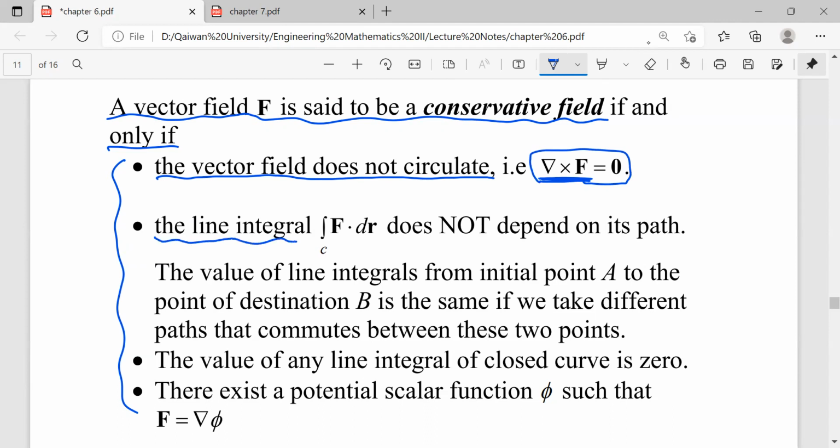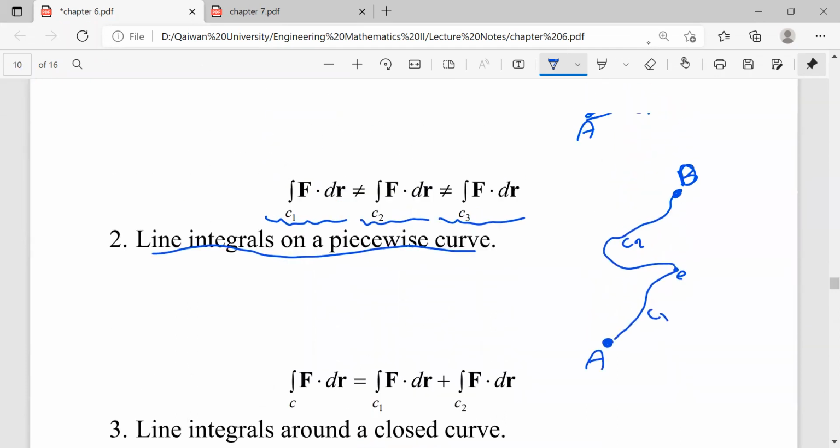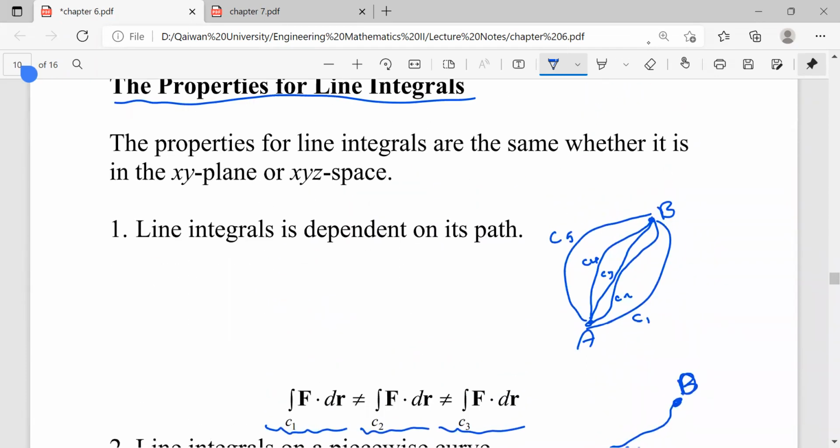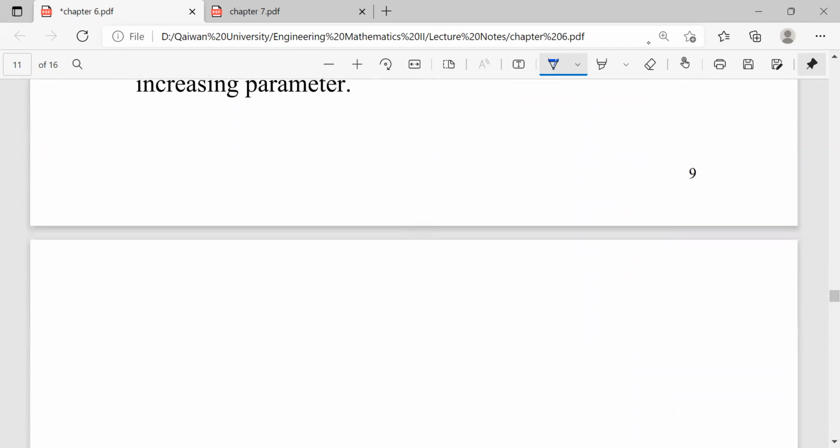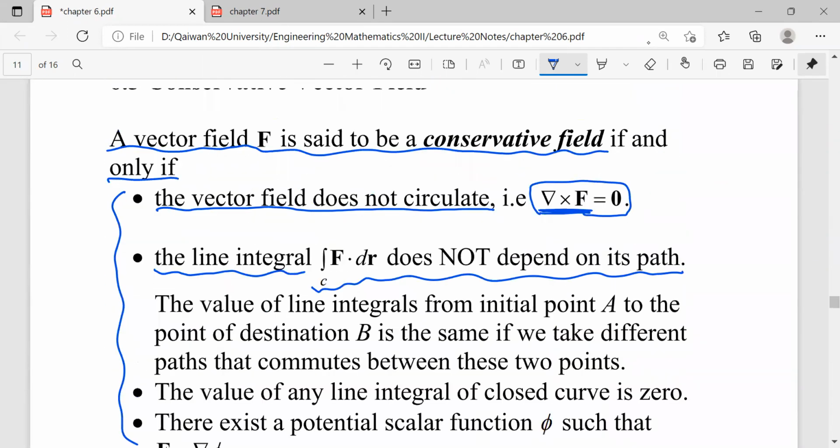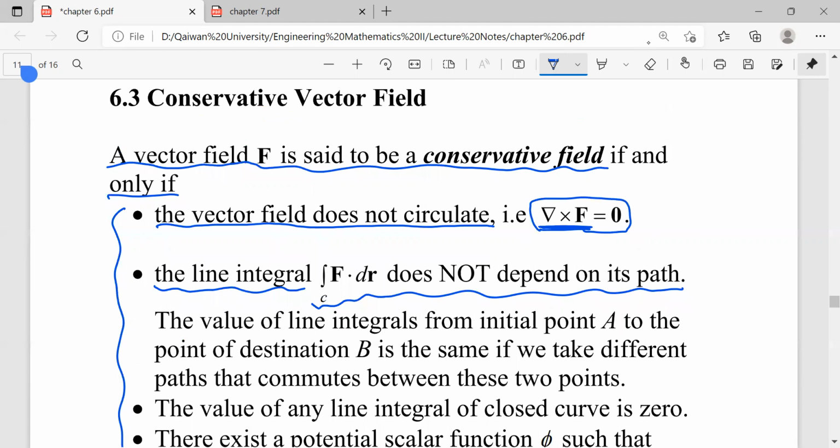Second, the line integral doesn't depend on its path. In the above case, we said it depends on the path; from one path to another it's different. In conservative vector fields, it doesn't depend on the paths. That means if you have two points, we get the same result if we go from the initial point to the destination point through any of the curves.